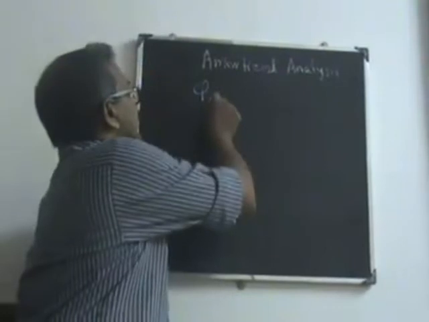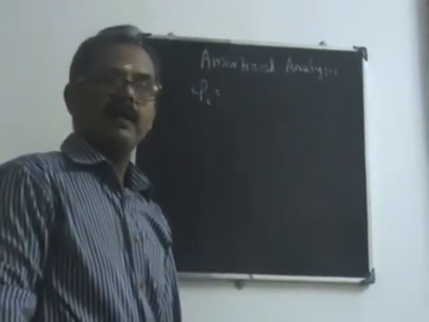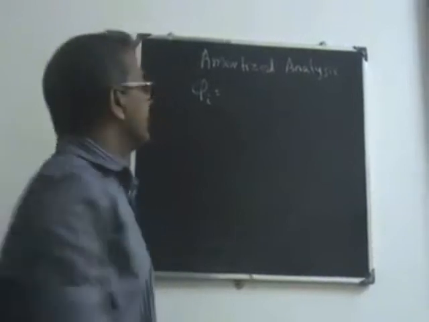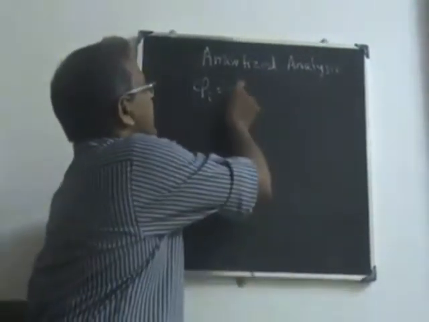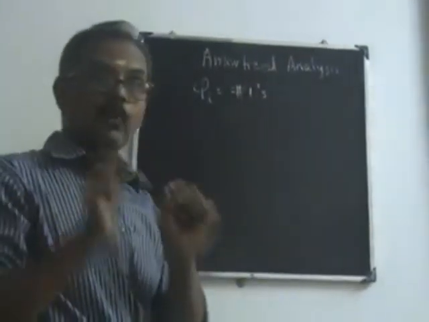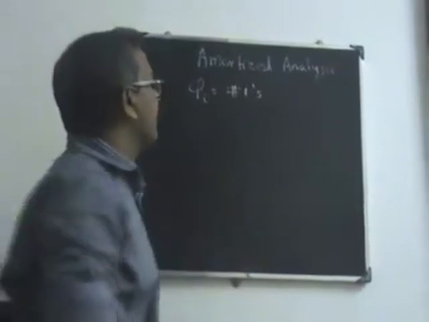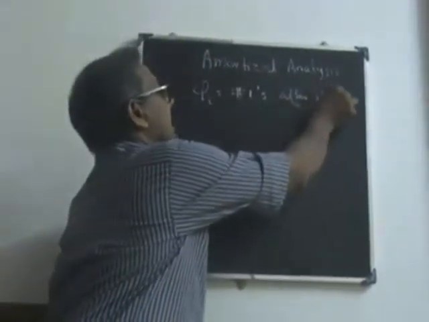Phi_i is the potential function after the ith instruction. Here we define, this is user defined, the number of bits having value 1, that is the number of ones in the representation after the ith instruction.